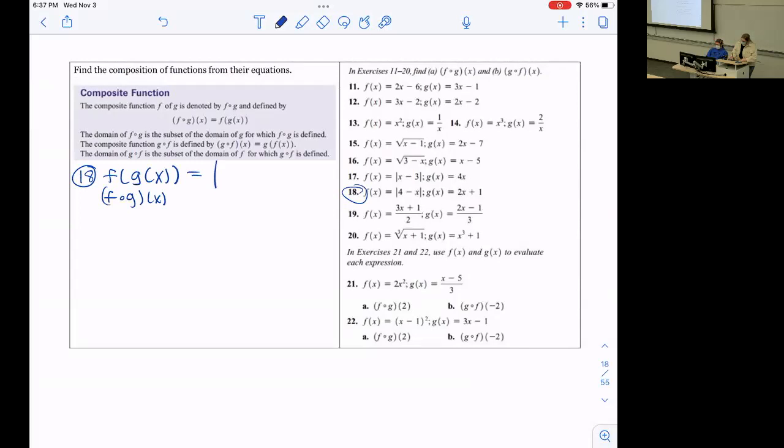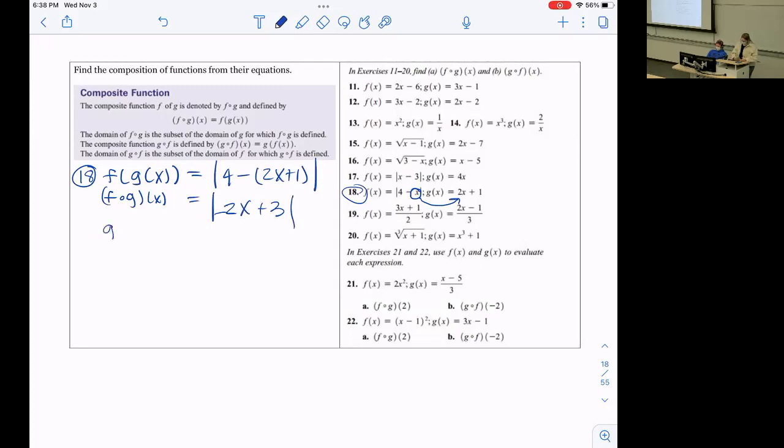So for f of g of x, instead of having this x, we are going to substitute this x for the g function. So we will now have 4 minus 2x plus 1 inside the absolute value, which we can simplify to 2x plus 3. Negative 2x. All right.